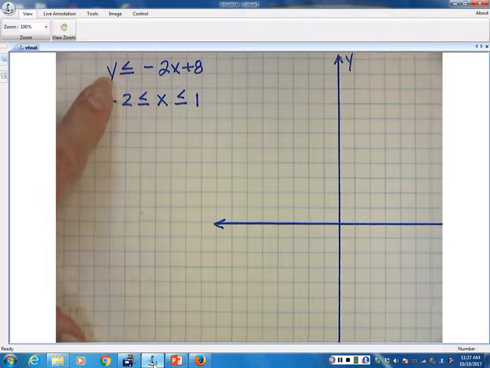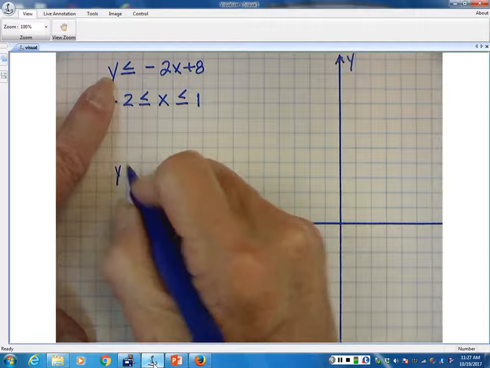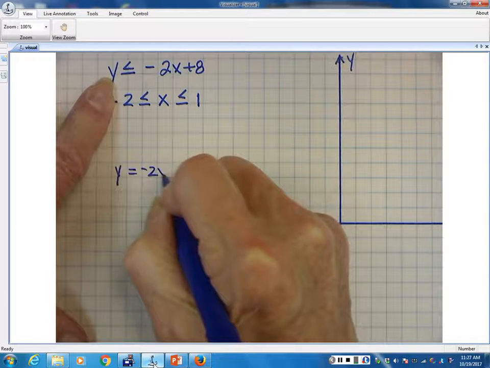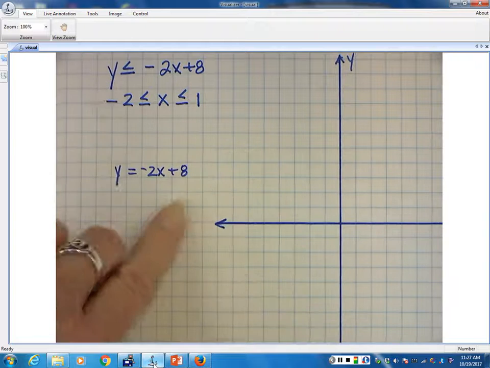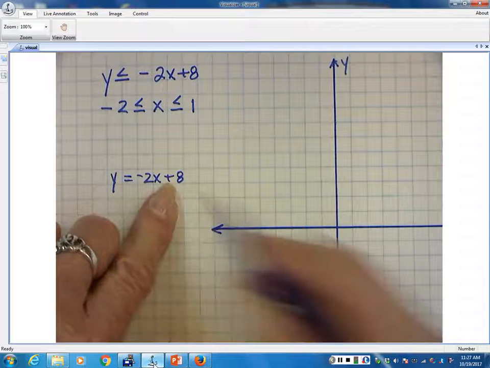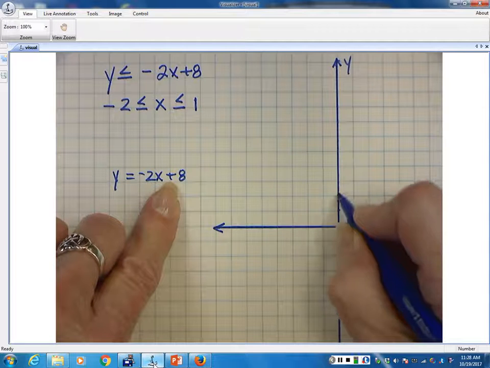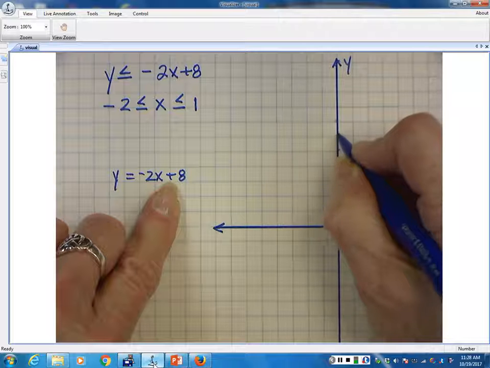So y equals negative 2x plus 8. That means I'm going to go to 0, 8. 1, 2, 3, 4, 5, 6, 7, 8.